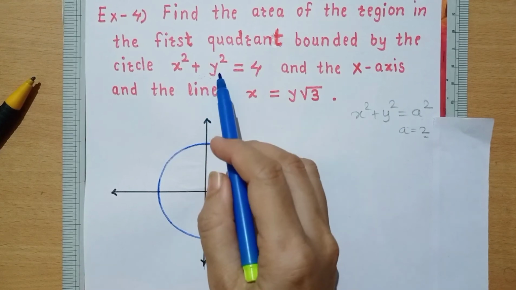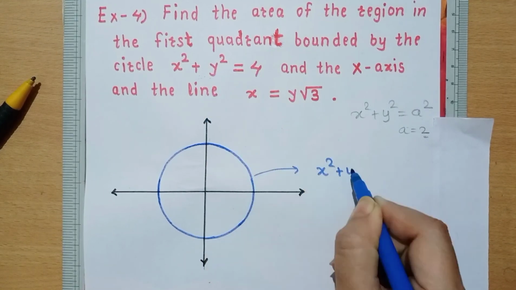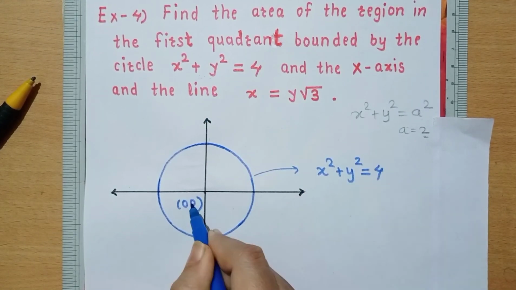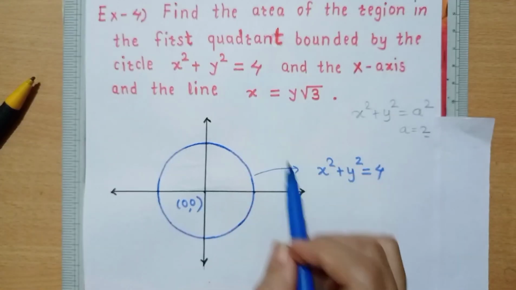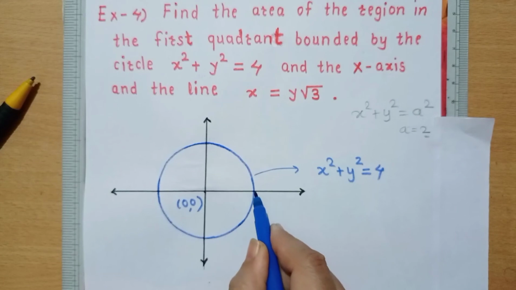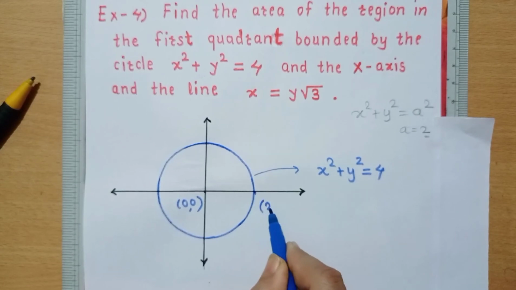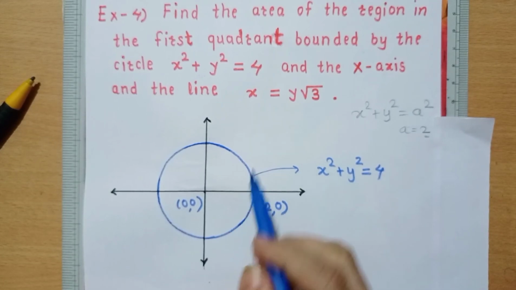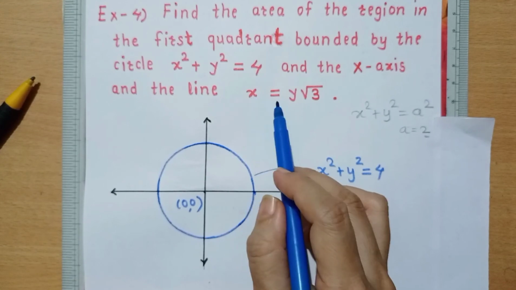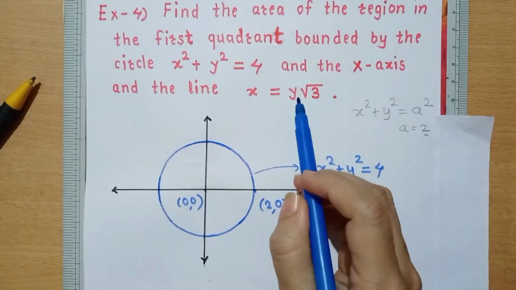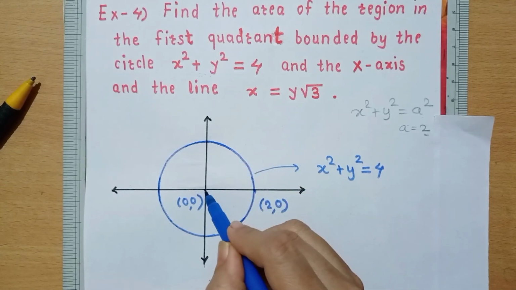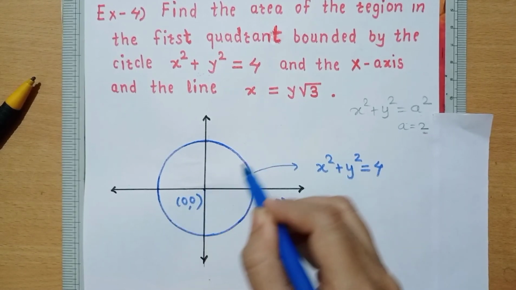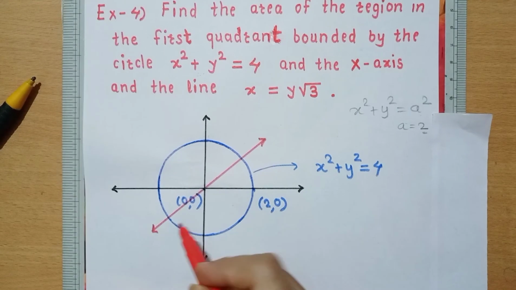This is our circle x square plus y square is equal to 4, whose center is at origin. Since this circle has radius 2, this point will be 2, 0. And now we will draw the line x is equal to y root 3. This line is in the form y is equal to mx, so we will draw this line passing through origin.